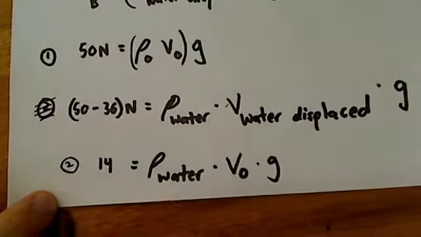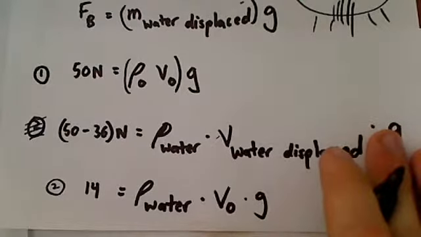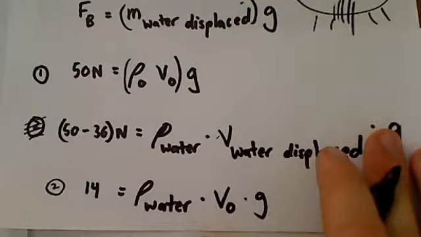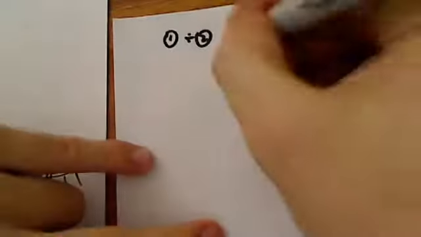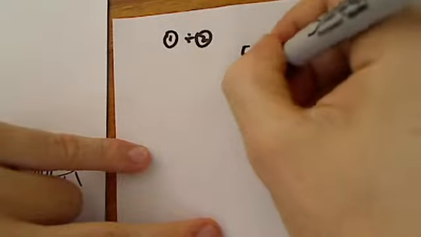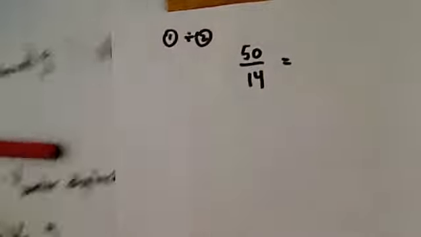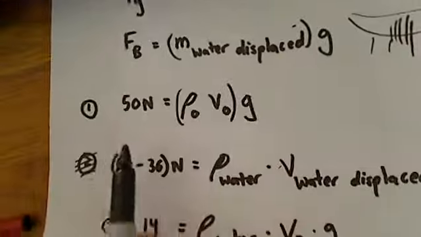My next step is we're going to divide equation 1 by equation 2. This gives, on the left side of the equation, 50 divided by 14.